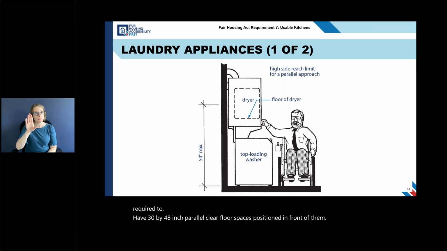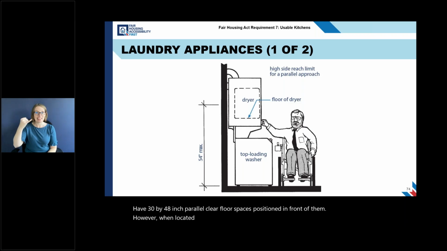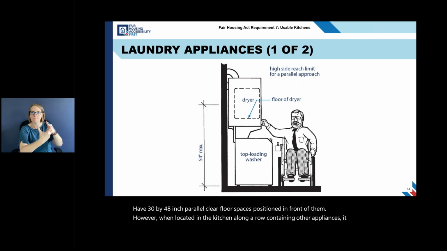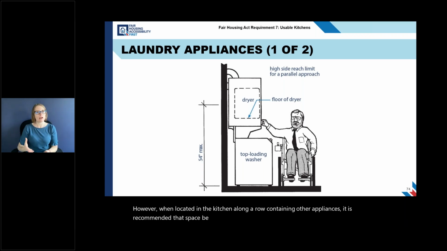However, when located in the kitchen along a row containing other appliances, it is recommended that space be provided for a parallel approach to each machine.